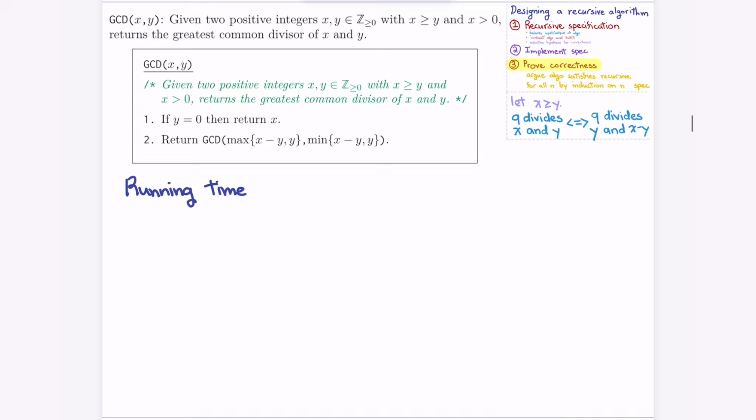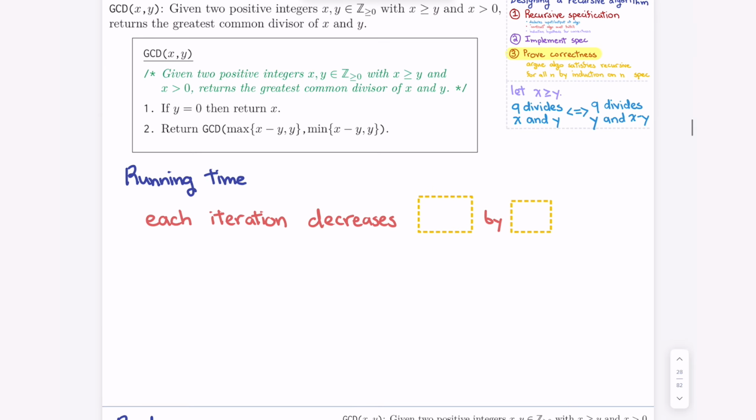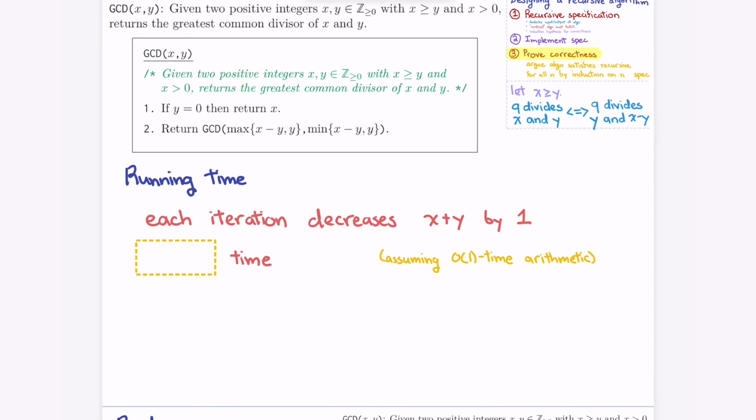Each iteration is going to decrease the sum by at least 1, because y is at least 1. So what's the worst number of iterations? Maybe something like x plus y. Maybe y is 2, y is 1.